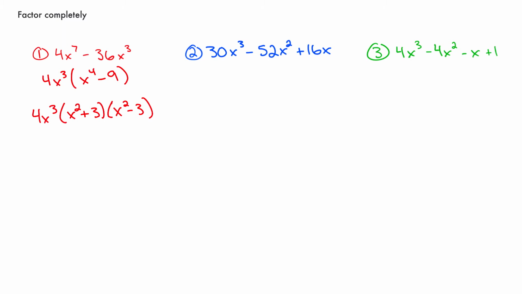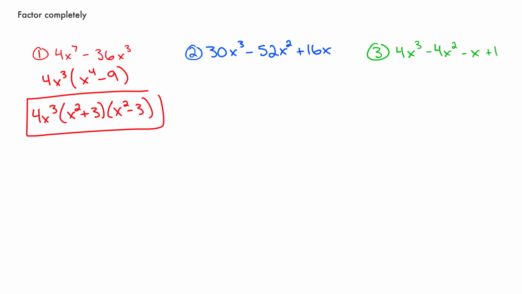The first term is a perfect square. 3 is not a perfect square. Therefore, the second binomial, x squared minus 3, is not factorable. So we're done. If that 3 was a 4 or a 9 or a 16, we could have gone another round, but it's not, so we're done. Problem number 2.